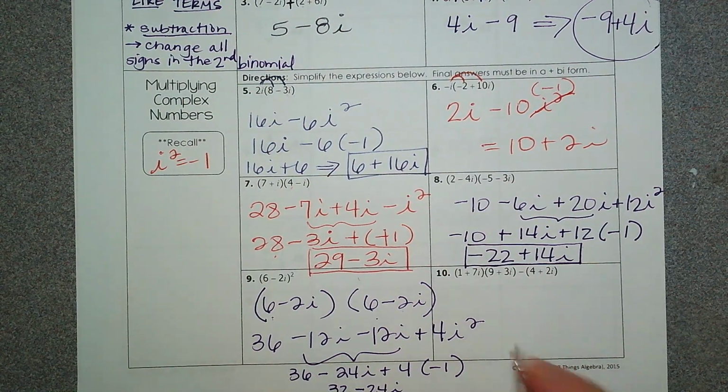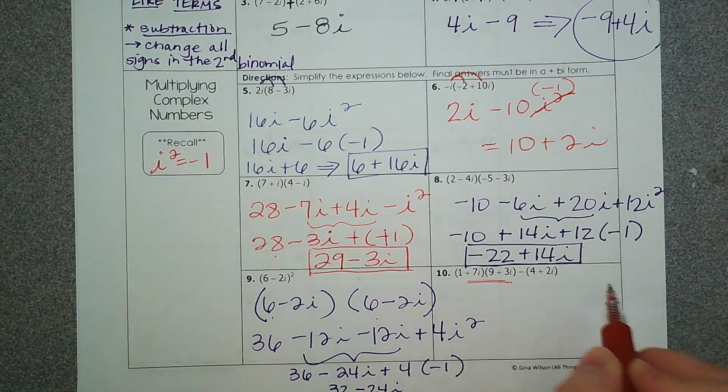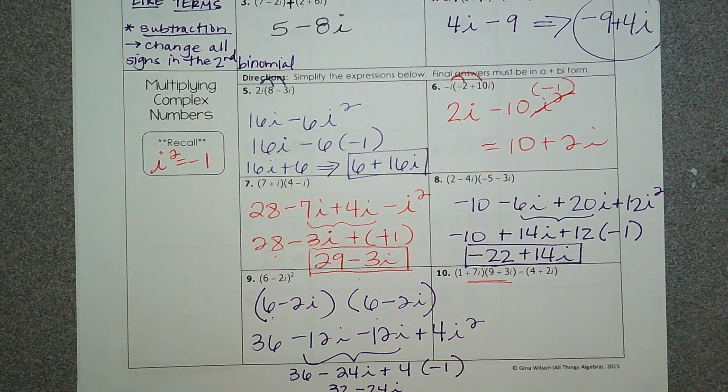Number 10, we have to FOIL the first part and then subtract the last part. Or add the opposite.